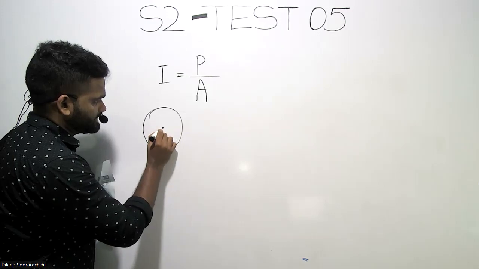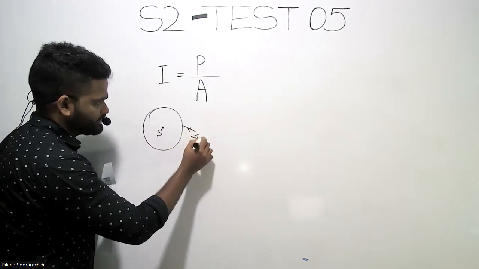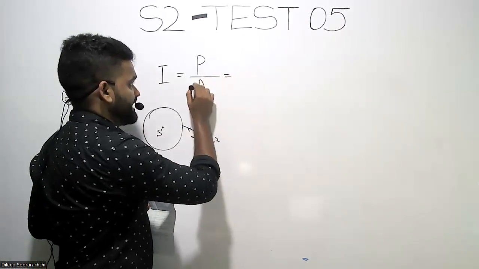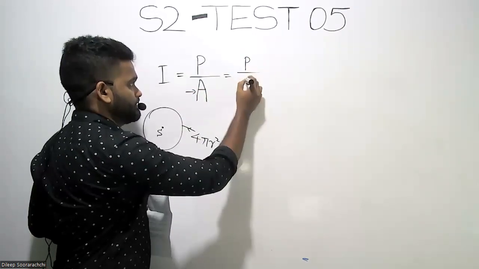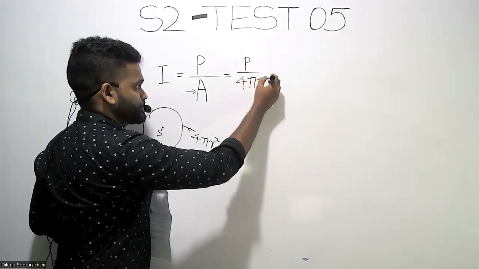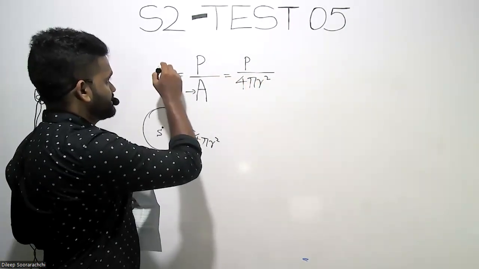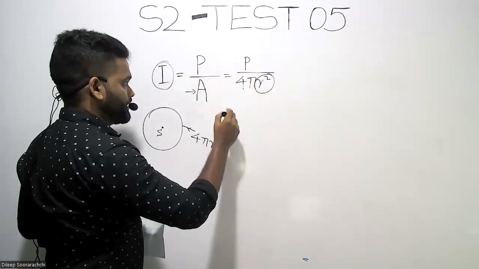So the sound source is at the center. So this area is 4 pi r squared. This here A means area, right? So power divided by 4 pi r squared. So from this you can clearly see intensity is inversely proportional to r squared.